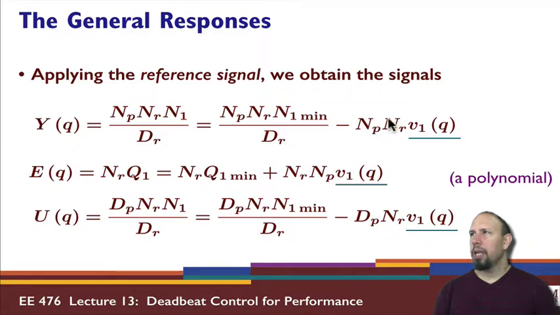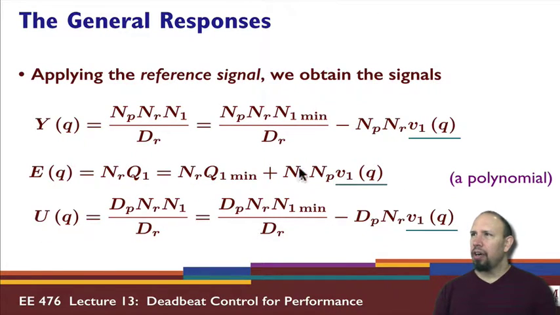Notice the thing that multiplies V1 differs. Actually, in these two cases it's identical because E and Y are very similar to one another. But this one is clearly different. So the control, the error, and the output. For the most part, the output and the control are the ones we're going to work with.